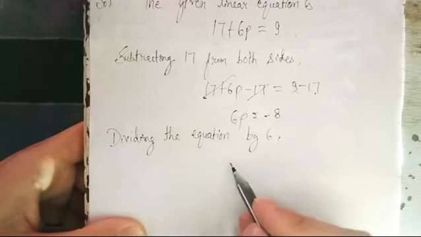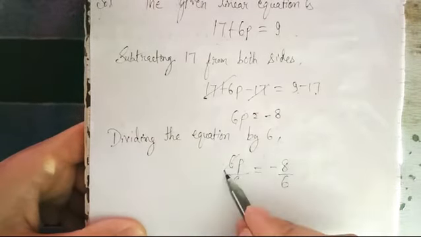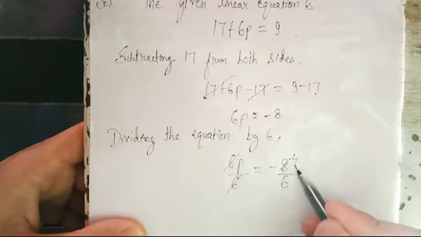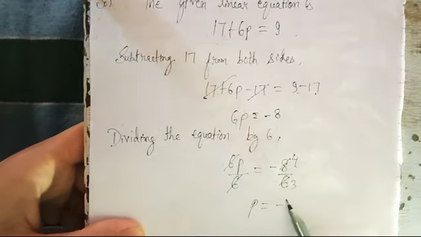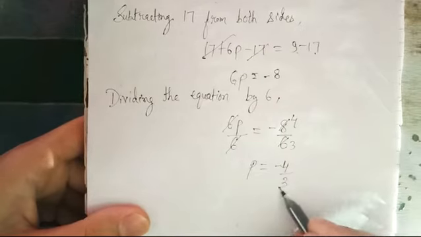So when you divide the equation by 6, you will get 6p upon 6 is equal to minus 8 upon 6. 6 and 6 will get cancelled. 8 upon 6 means 2 4s are 8, 2 3s are 6. So the value of p is minus 4 upon 3.